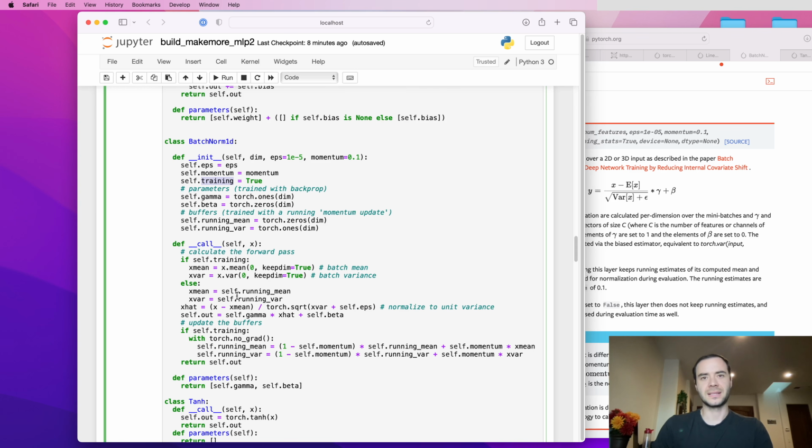BatchNorm is an example of this, because when we are training, we are going to be using the mean and the variance estimated from the current batch. But during inference, we are using the running mean and the running variance. Also, if we are training, we are updating mean and variance. But if we are testing, then these are not being updated. They're kept fixed. So this flag is necessary and by default true, just like in PyTorch.